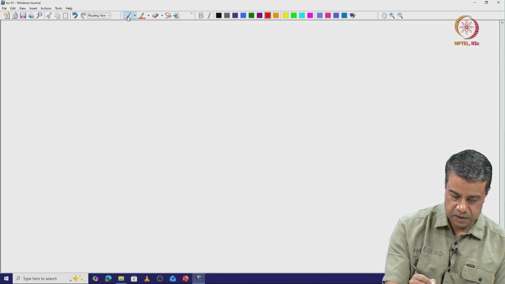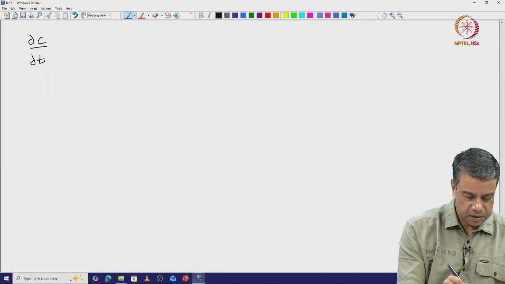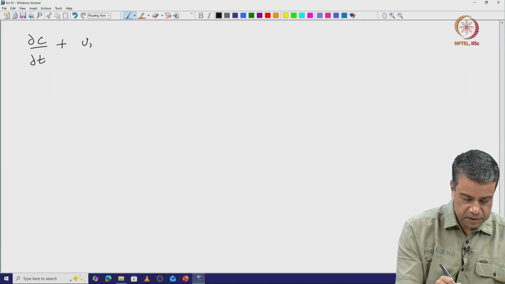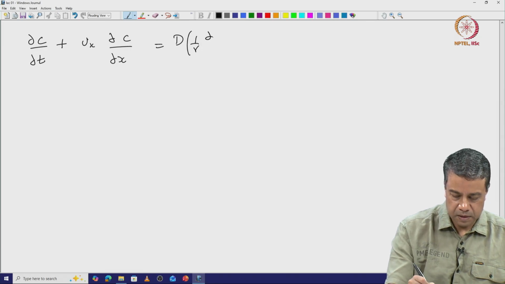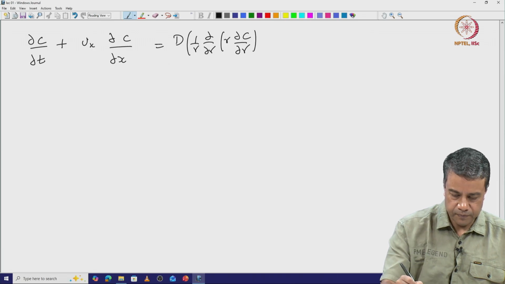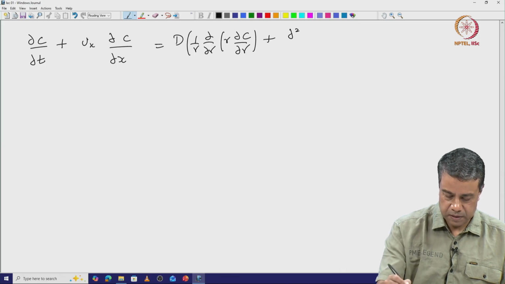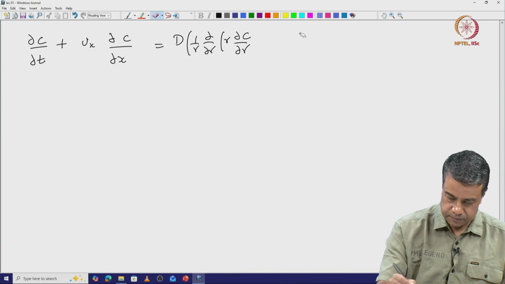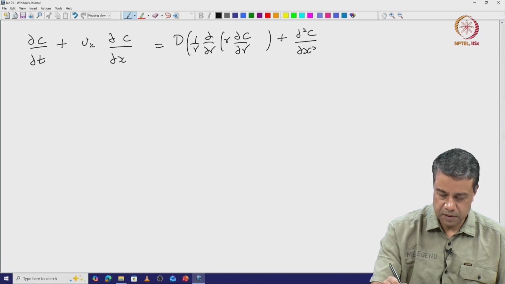Note the conservation equation: partial c by partial t plus V x partial c by partial x is equal to d into 1 over r partial by partial r of r partial c by partial r, plus partial square c by partial x square.